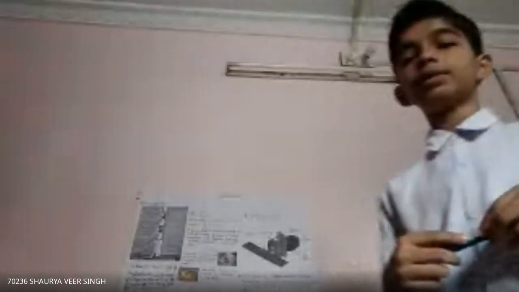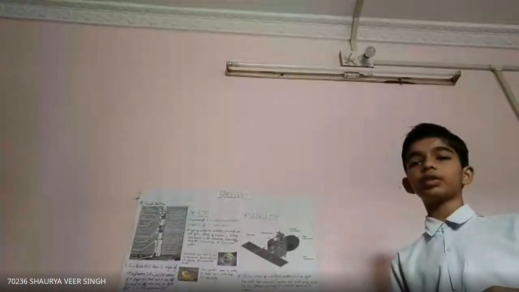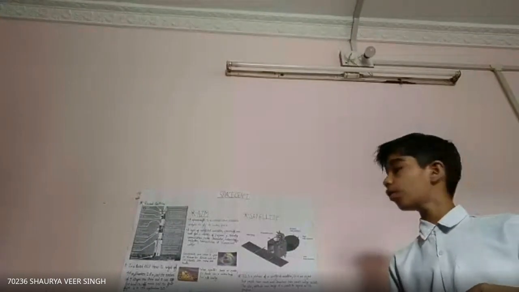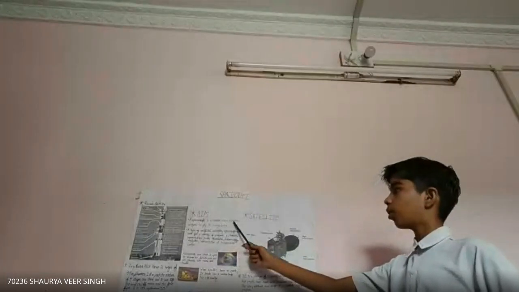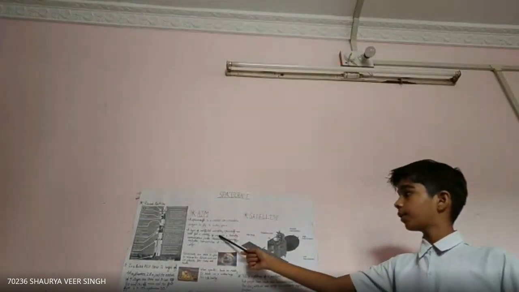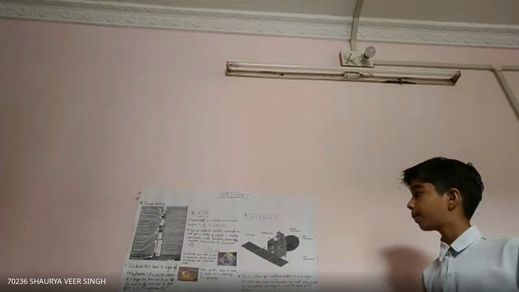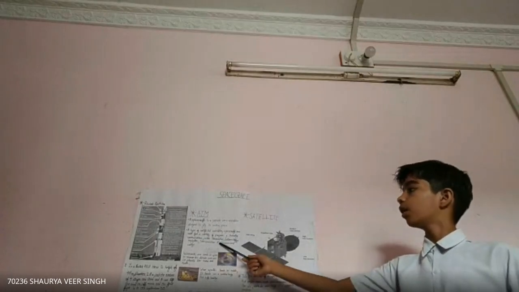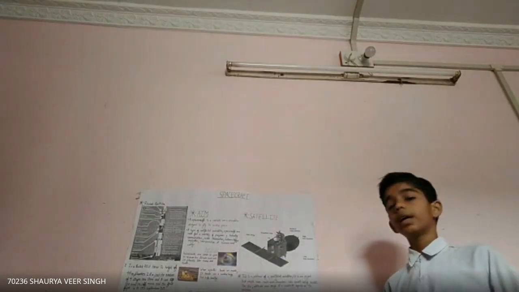My name is Shauraveer and my roll number is 7026. First of all, my project name is spacecraft. A spacecraft is a vehicle or a machine designed to fly in outer space. A type of artificial satellite, spacecraft are used for a variety of purposes, including communication, Earth observation, meteorology, navigation, and transportation of humans and cargo.